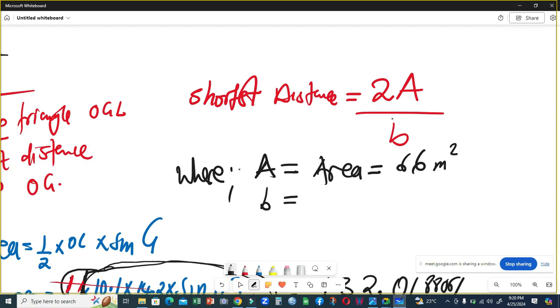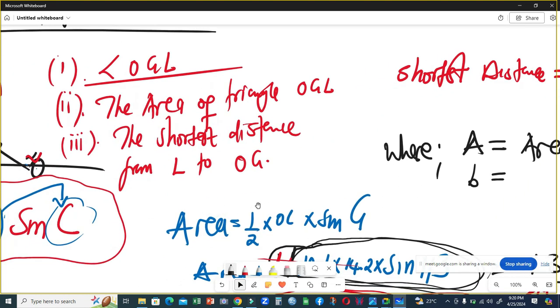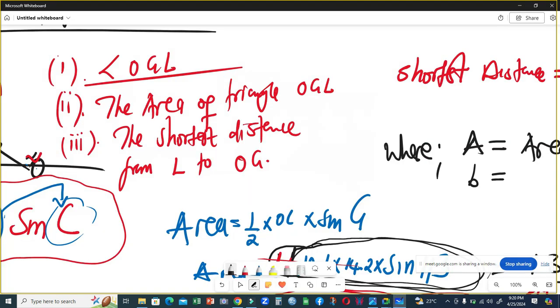Now B here, always, let's go back to the question. In this question, they ask you for the shortest distance from L to OG. There is a last word there: to OG. So just pick the distance which they are saying to, OG.